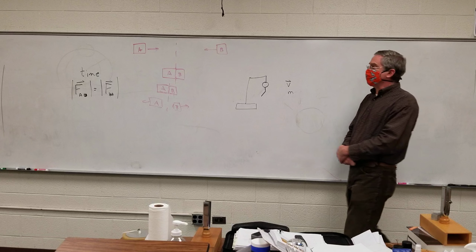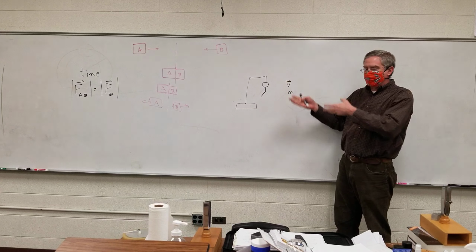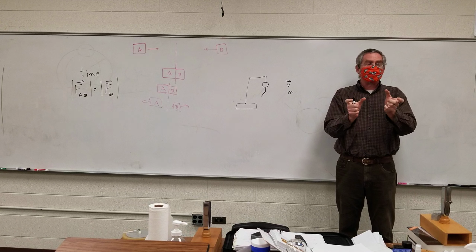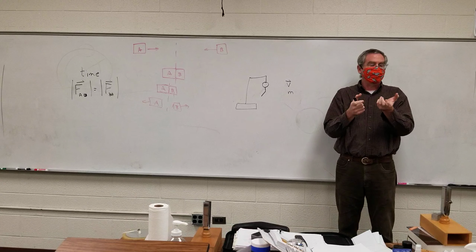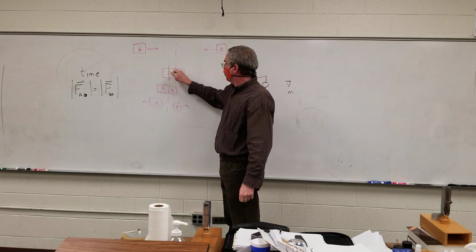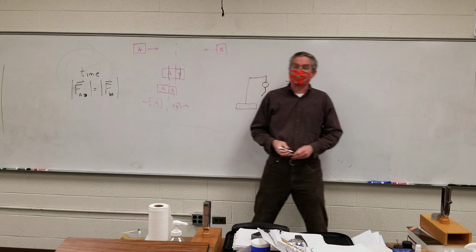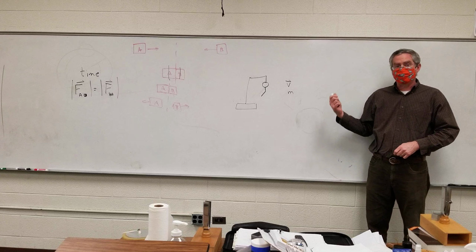But generally, when you talk about the position of an object, this is a realistic two-dimensional object here, you generally are talking about the position of the center of mass. So they have two different positions. Yeah, okay.